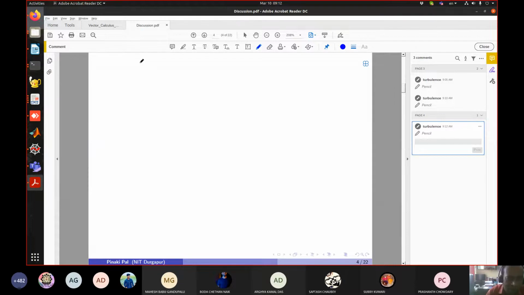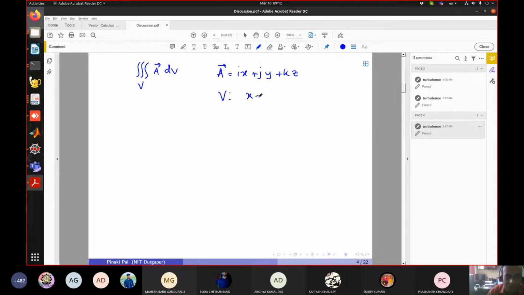So we have to evaluate the volume integral of A dv, where A is equal to ix plus jy plus kz, and the volume is bounded by x equal to 0, x equal to 2, y equal to 0, y equal to 6, and z equal to x square, z equal to 4.